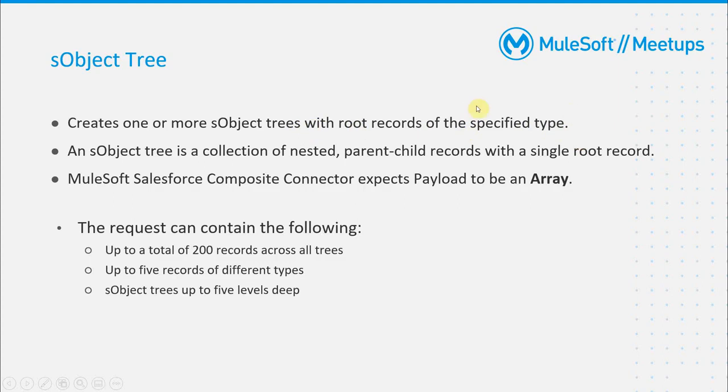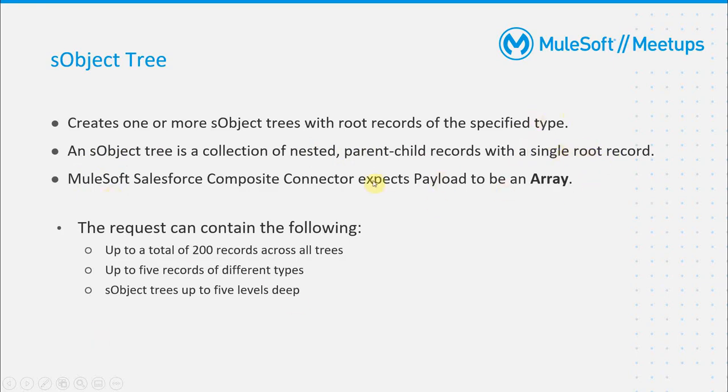Specified type means whenever you create or update anything with an sObject tree in MuleSoft, you have to specify the root object type. Without it you cannot go. In batch and composite requests we would not have a root type, but in an sObject tree you need to specify one root type. We'll see about it. And it says an sObject tree is a collection of nested parent-child records with a single root record. Right? This is the same.